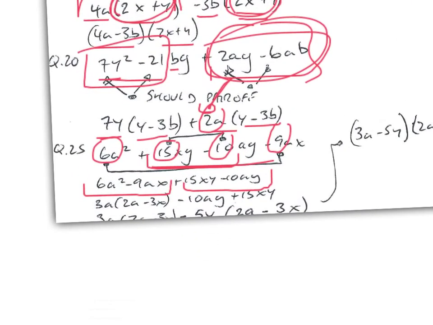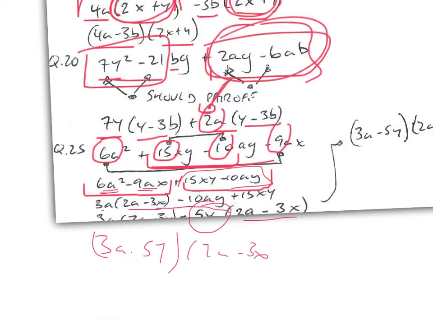And basically I will tease out 3a from both of these and divide both of these by 3a to get that. That's what I'm going to be looking for over here. How do I turn that into that? Well, if I take out 5y, I'll get that. So 3a minus 5y is one factor, and 2a minus 3x is the other.